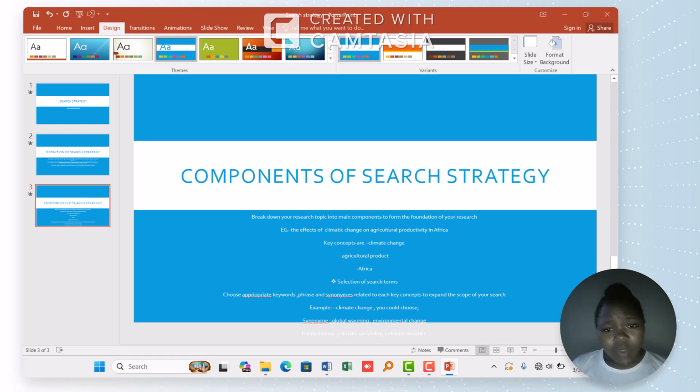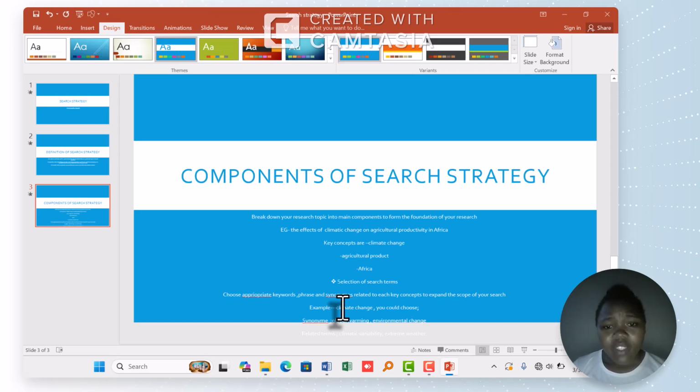So for us, we have here the key concepts. The first key concept is climate change, we have agricultural productivity, and we have Africa as a whole. Where are we searching this question from, or where are we measuring in our research? So that can make our research work easy, or that can make us understand what we are researching.